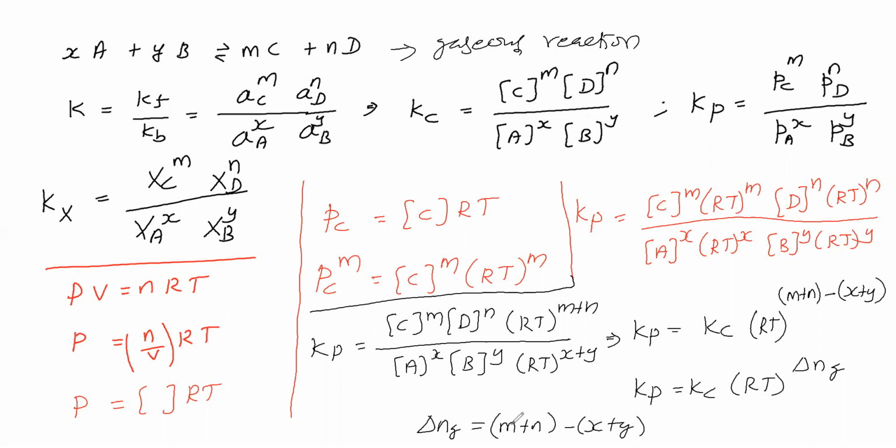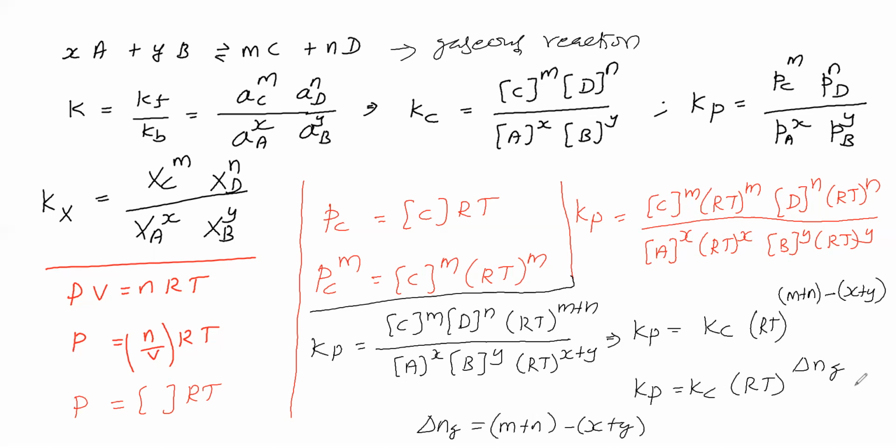So delta Ng is the number of moles of gaseous species on the right side minus the total number of moles of gaseous species on the left side. So what is the relation between Kp and Kc? Kp is equal to Kc into RT power delta Ng.